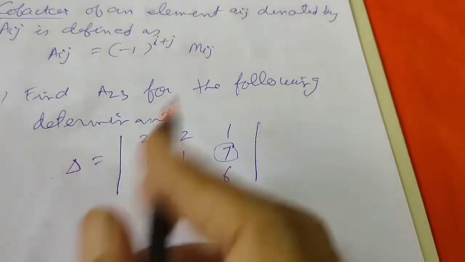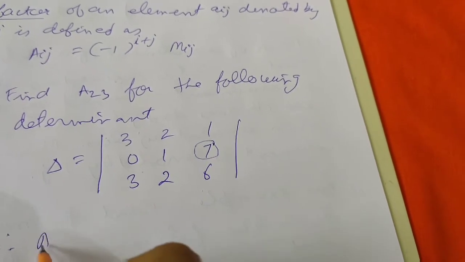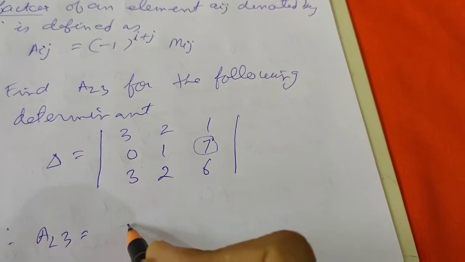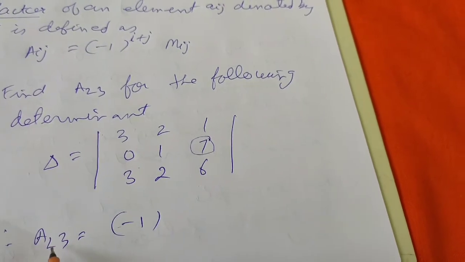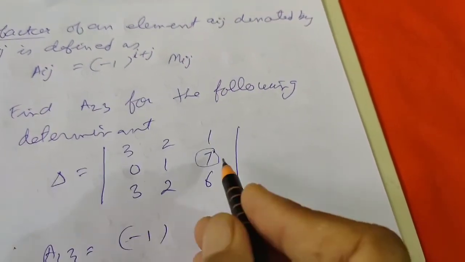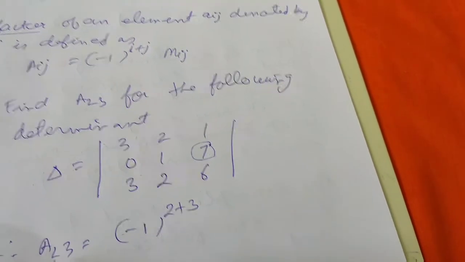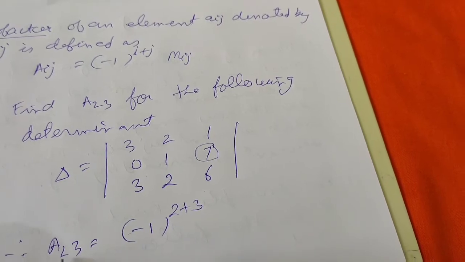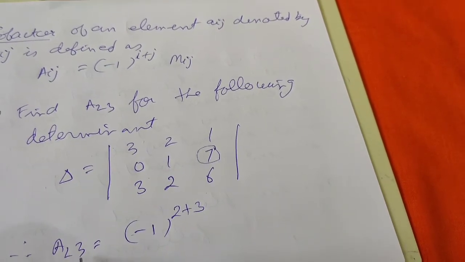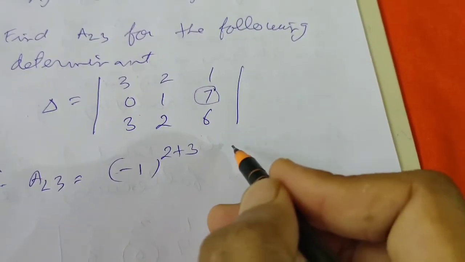First of all we will find the minor here. Therefore A23 equal to minus 1 raised to the sum of the position in which the element 7 lies, that is 2 plus 3, add this i and j, multiplied by the minor. What is the minor?